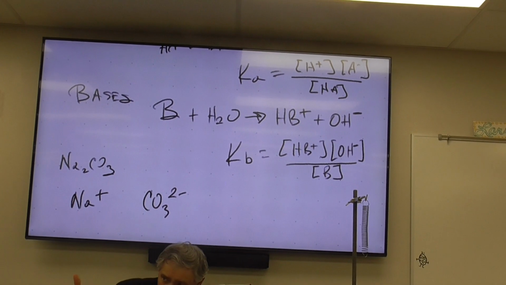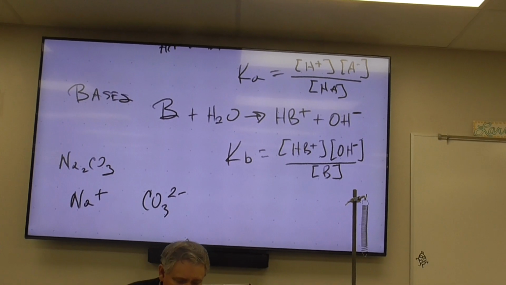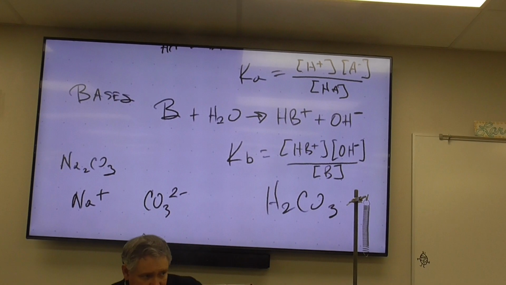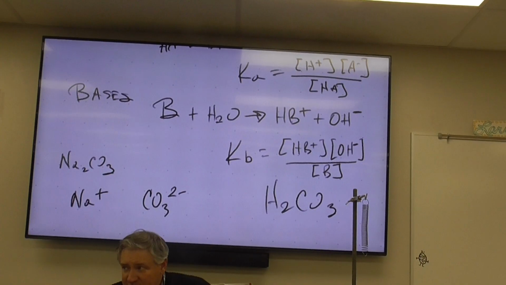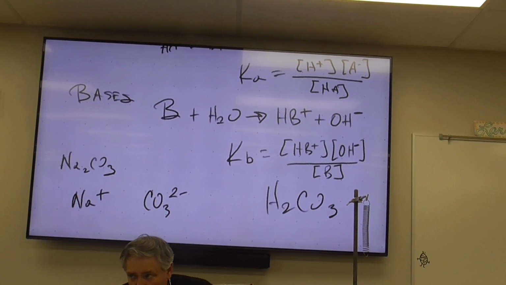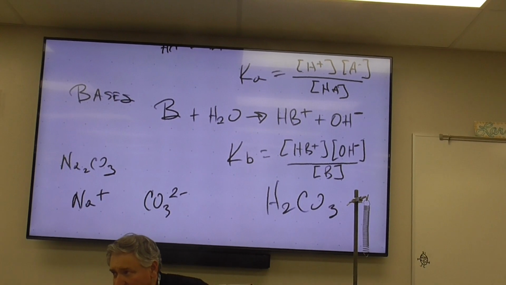So if you look on your Ka values, you can find carbonic acid. Carbonic acid is H2CO3, right? By virtue of the fact that there's a Ka value for carbonic acid, is carbonic acid a weak acid or a strong acid?